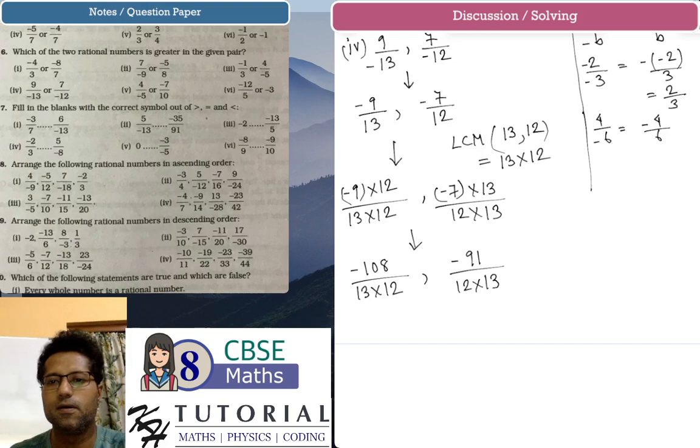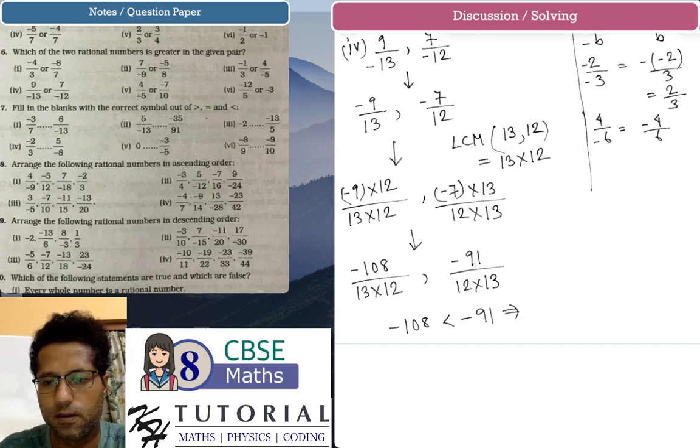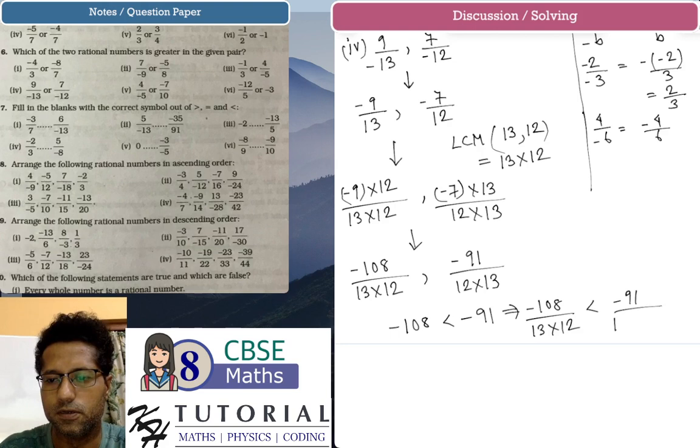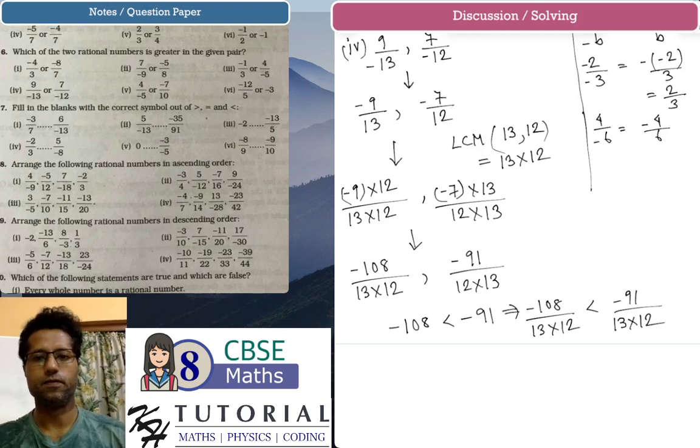Now we will compare by the numerators, and we can see that minus 108 is less than minus 91. This will imply minus 108 divided by 13 into 12 will be less than minus 91 by 13 into 12.